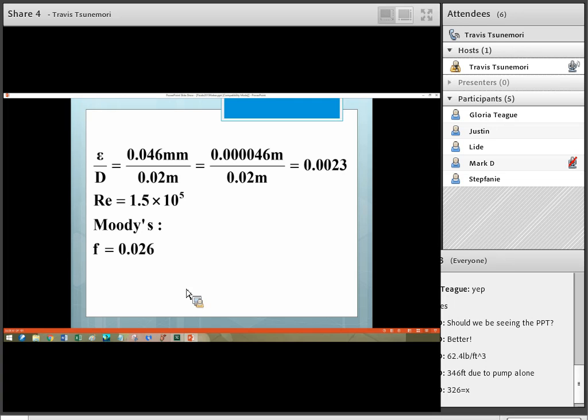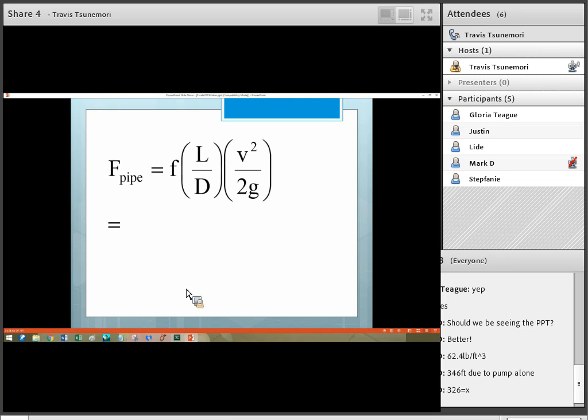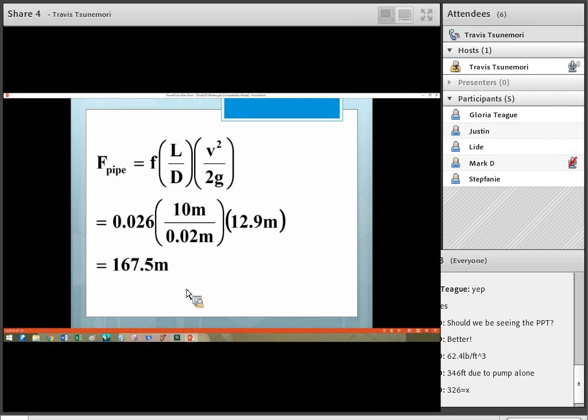Okay, and we're going to plug that into our Darcy's equation for the friction loss in the pipe. So we've got F is 0.026, and we've got 10 meters of length, 0.02 meters of diameter, and V squared over 2G we've already calculated is 12.9 meters. So F in the pipe is 167.5 meters, but we're not done.